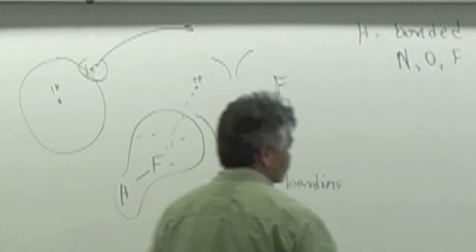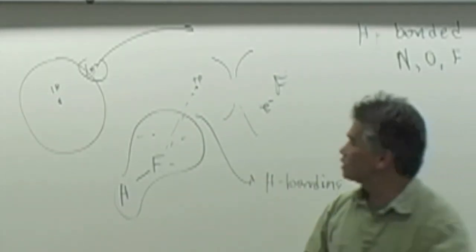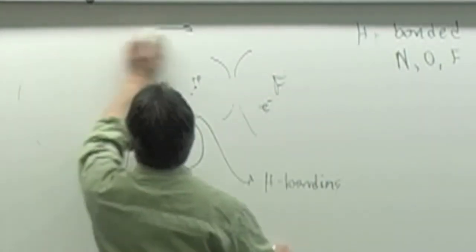Let's do a couple of examples real quick, and you guys can tell me what type of forces are available to these particular chemicals. I'm going to put up a list of chemicals, and you tell me what forces are available to these guys.